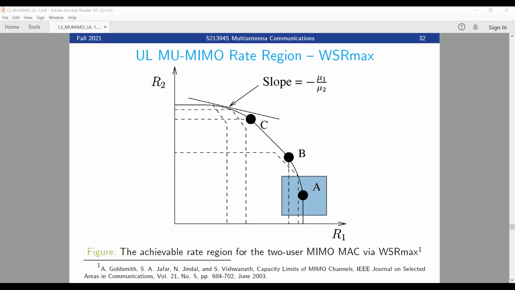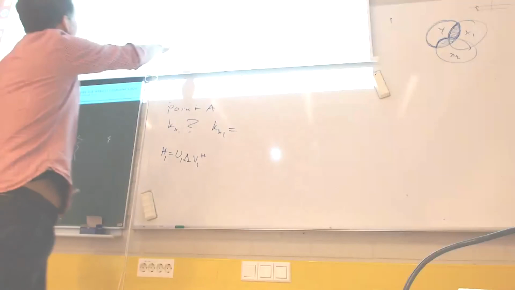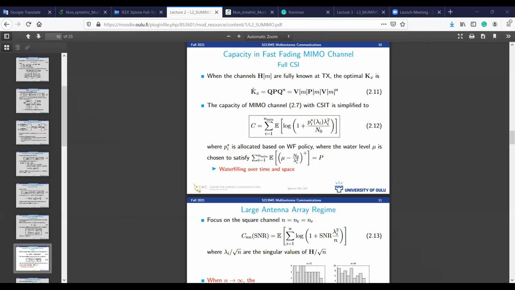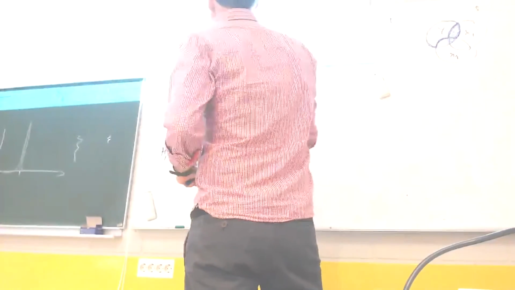Here, P1 V1 V1 Hermitian, right? The channels are water filling optimal KX. So this is the point to point MIMO, right? The KX that maximizes the capacity in a single user case is equivalent to V P V Hermitian, where V is the right singular vector and P comes from the water filling.